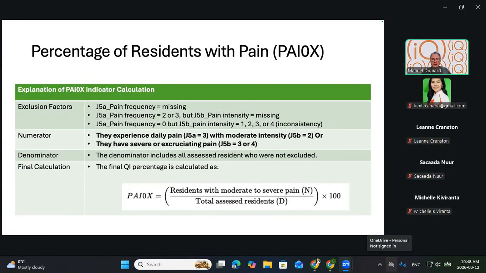All right, now we're focusing on the prevalence of moderate to severe pain among long-term care residents, a critical marker of comfort and well-being.